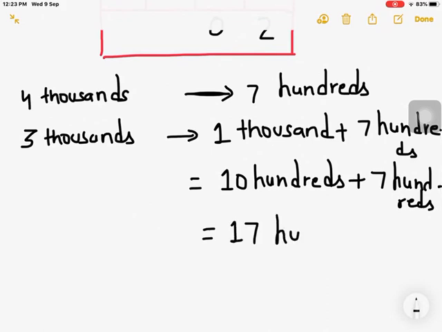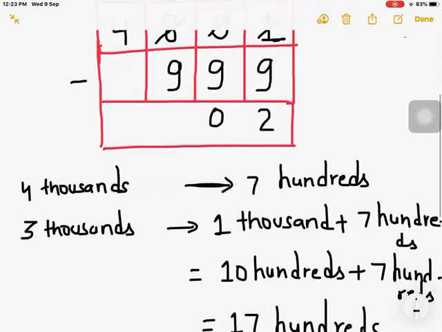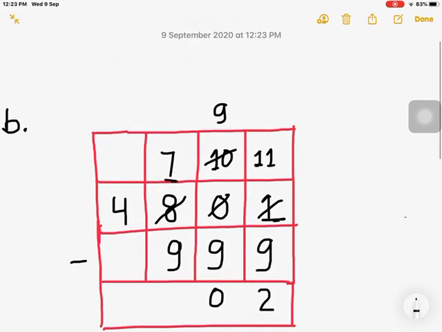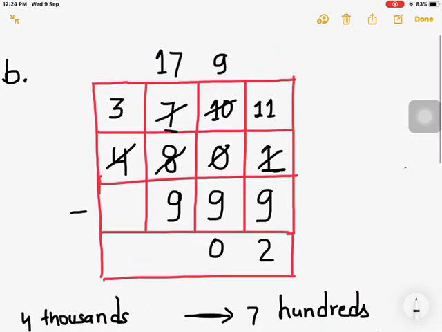This is how we regroup while doing subtraction. Understood? So here remains 3000, here it becomes 1700. Now 17 minus 9.